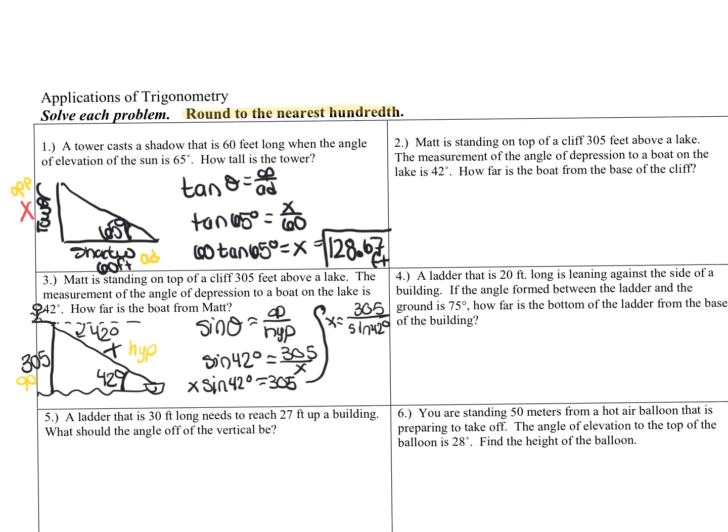If you're using your phone, you're going to do 42 and then sine and remember that number, and then do 305 divided by that. If you're using the calculator from class, you can just type it in one swoop. And you should come out that x is equal to about 455.82 feet.